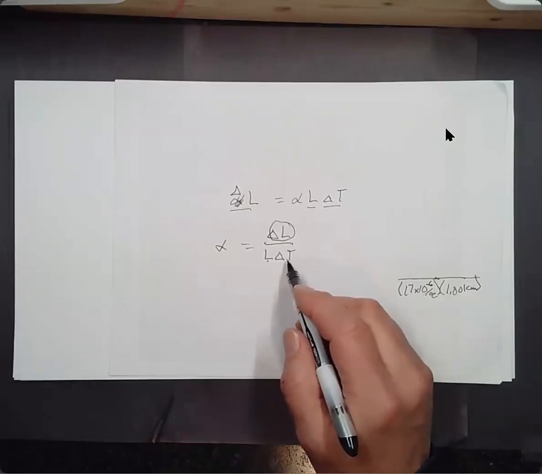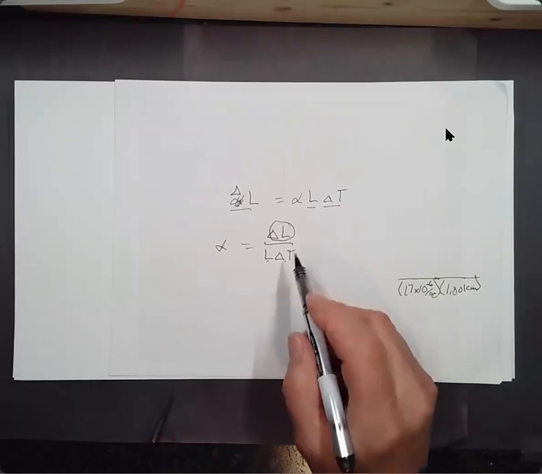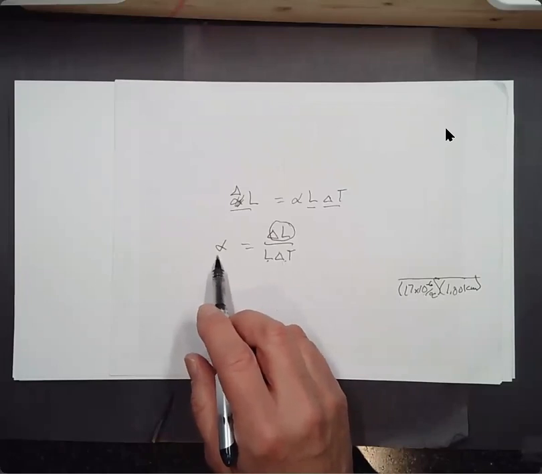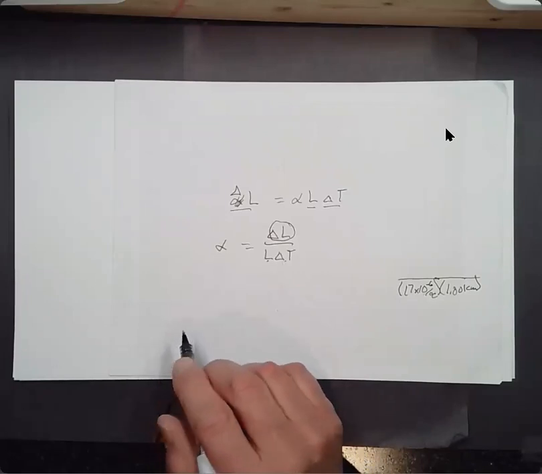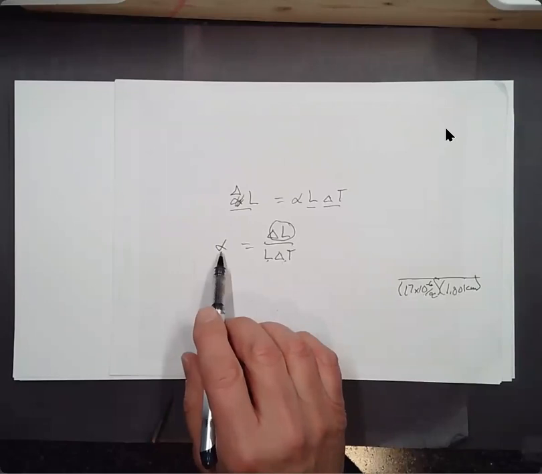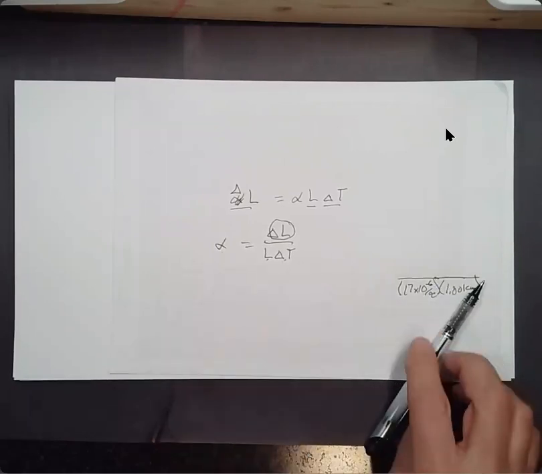The temperature we can also measure to 2 significant figures. So we can end up with a value for alpha of 2 significant figures anyway. And that's the way we'll do it.